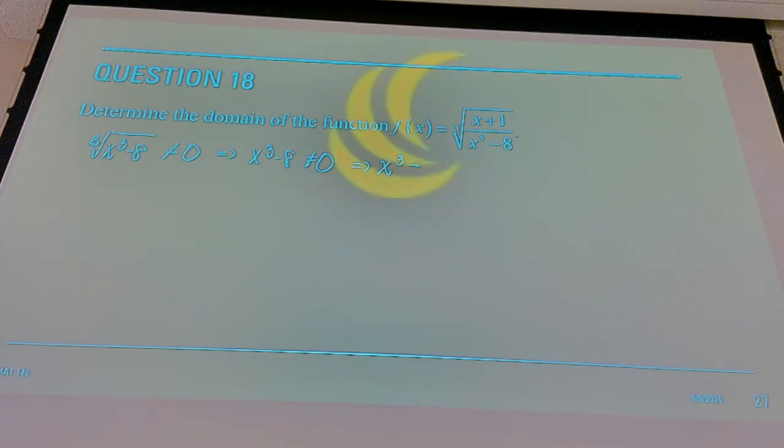Well, that means x cubed can't be 8, right? So what can't x be? Any other restrictions? Or is that it?